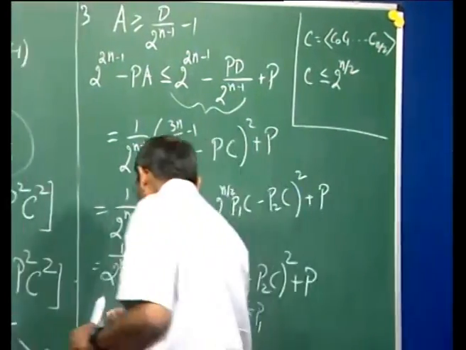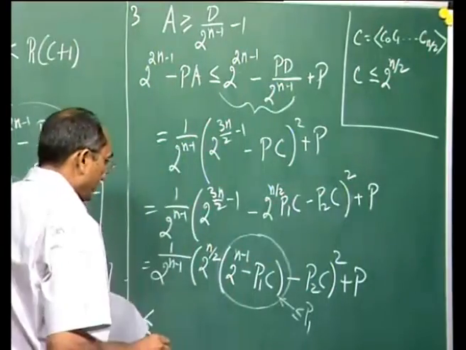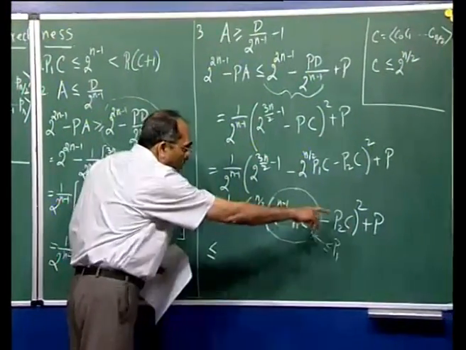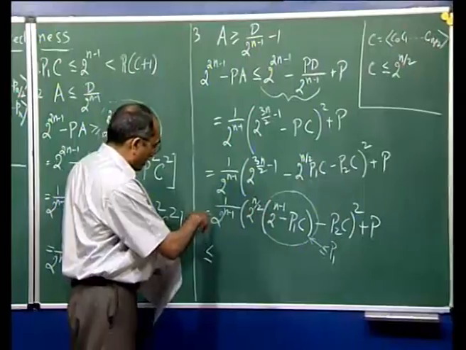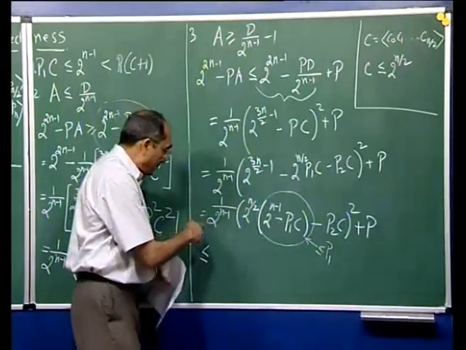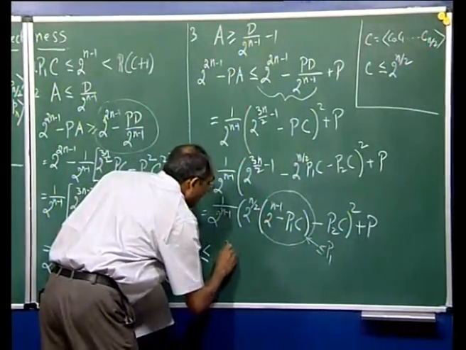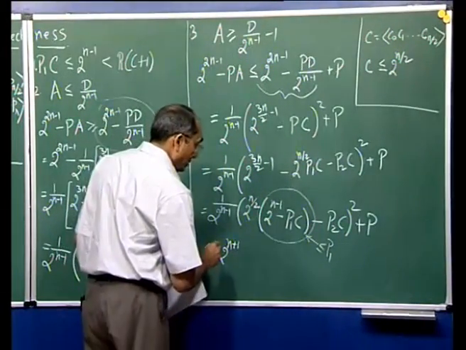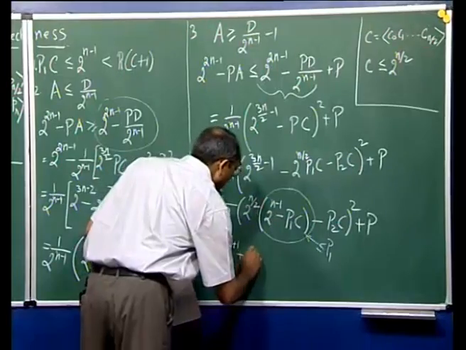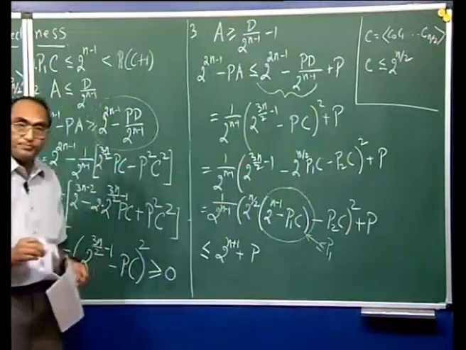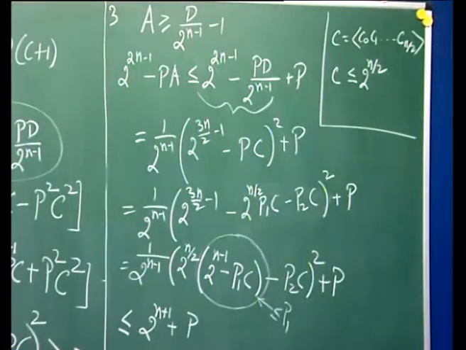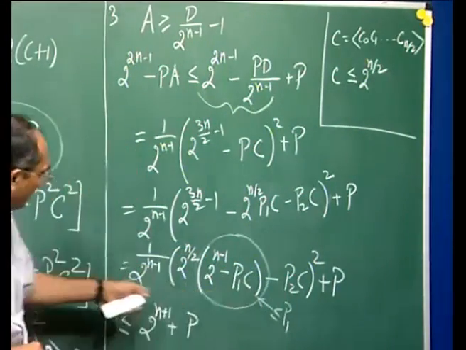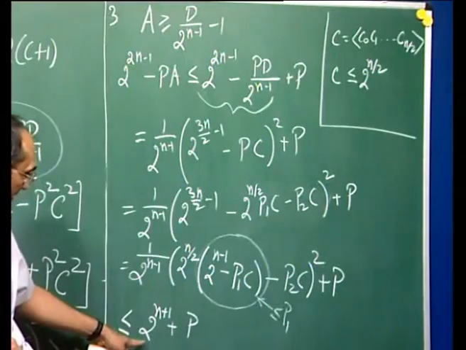So, we can say this is less than or equal to 2 to the power 2n divided by 2 to the power n minus 1, which is 2 to the power n plus 1, plus p. Isn't that right? So, we have managed to get an upper bound in terms of 2 to the power n plus 1.